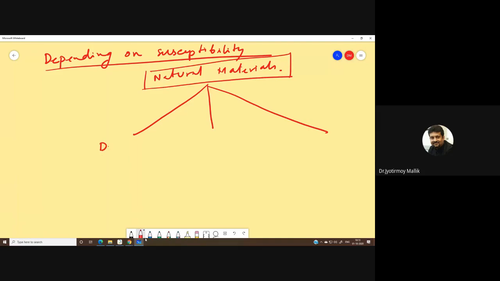The first one is called diamagnetic. The second one is called paramagnetic. And the third one is called ferromagnetic, and ferromagnetic has certain morphs, which we will discuss in a moment. So let us first start with diamagnetic material.